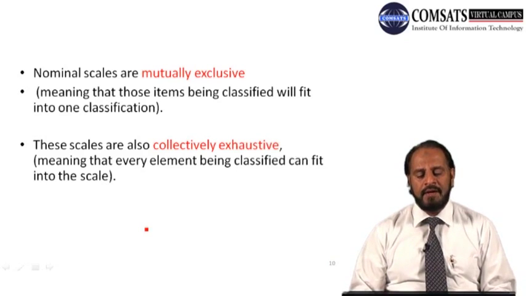This is what we mean by collectively exhaustive. Mutually exclusive means we don't have an overlapping category: Sindh is a separate province, whereas Punjab is a separate province. If you are saying your domicile is from Sindh, you cannot tick the option that your domicile is KPK, which is not possible.